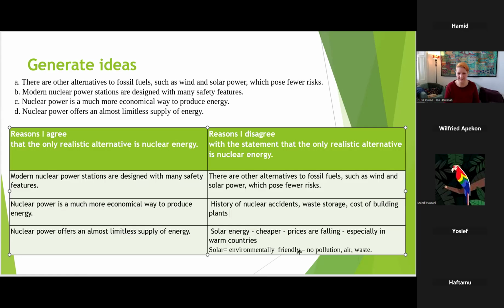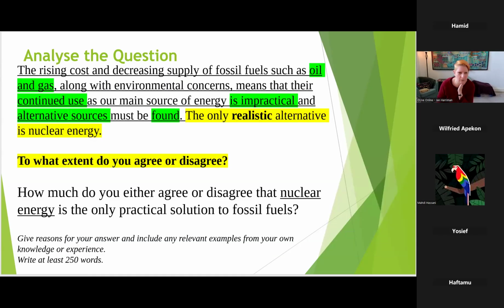All right. Okay. So this is how you need to think at the beginning of the task two writing exam. You need to read the question. We need to take the question apart. Find the background information like we did. What's the background information? What's the real question?